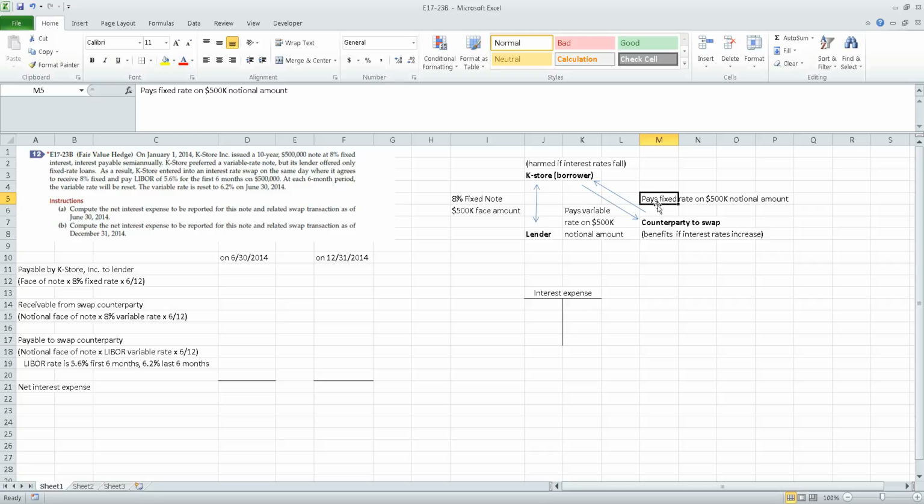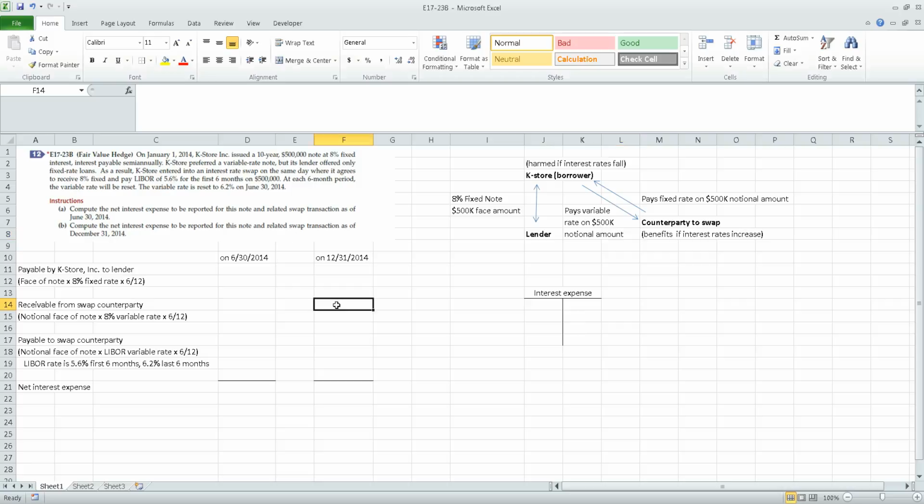So you've got interest on a $500,000, 8% flowing into K-Store, which is then remitted to the lender, and K-Store also pays the counterparty a variable rate of interest on this $500,000 notional amount. Now the interest rate here, this variable interest rate, is reset every 6 months based upon LIBOR, the London Interbank borrowing rate.